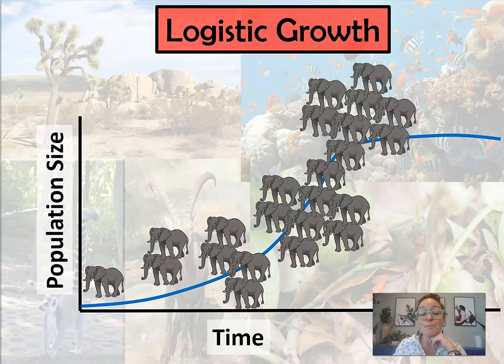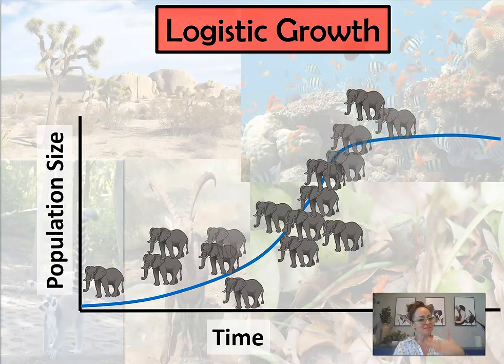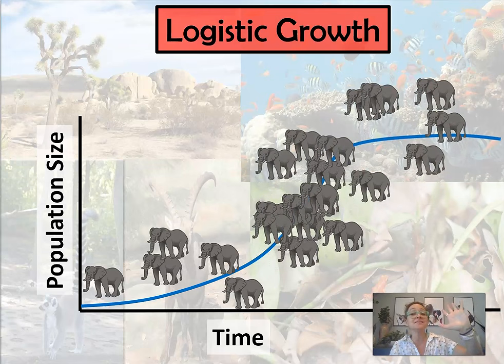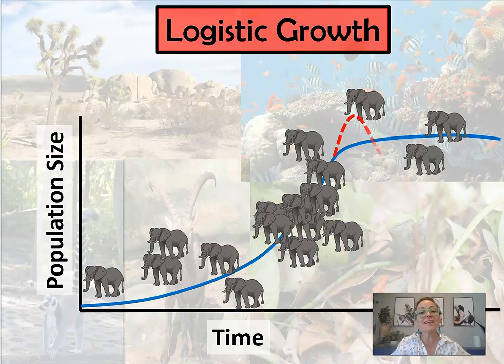But eventually their population density increased to a very high amount, and now there's less resources per individual, which led to more intense competition, which led to not all individuals surviving, and now you have some deaths. But the survivors are going to reproduce, and so then you have births, and if you're above carrying capacity, you're going to have deaths, and you find the population is going to fluctuate around the carrying capacity.